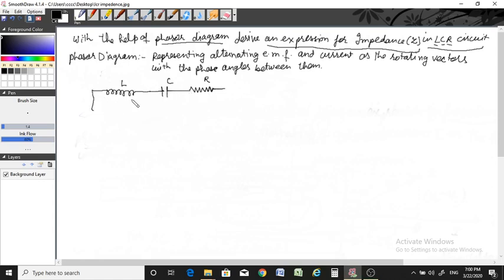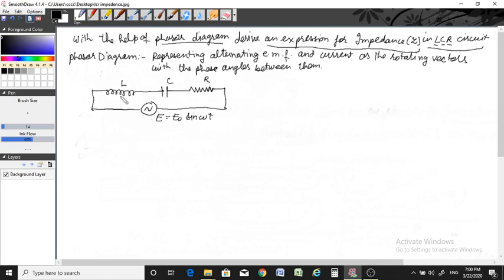and the circuit is then connected with AC source E, which is equal to E naught sine omega t.